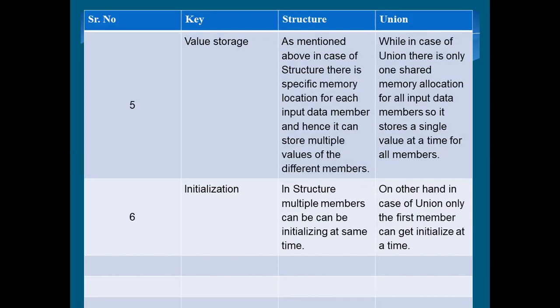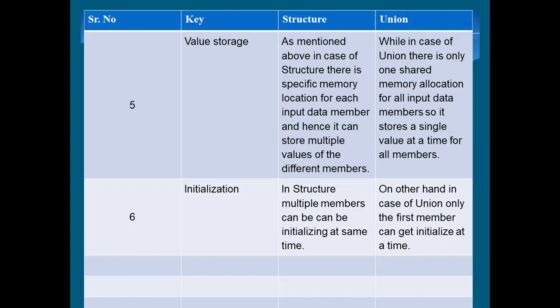The major difference between the structure and union is the memory. In the structure, for each member a separate memory is allocated. Whereas in the union, amongst all the members, the member which requires the maximum memory determines the memory allocated.